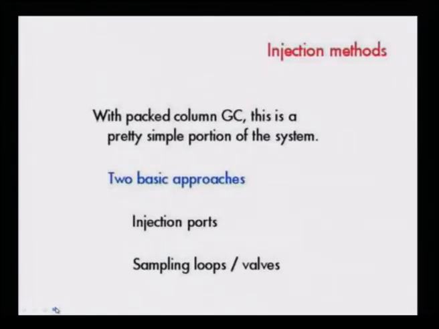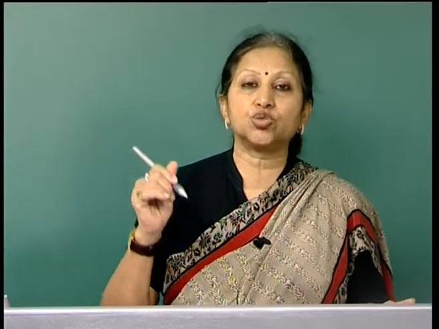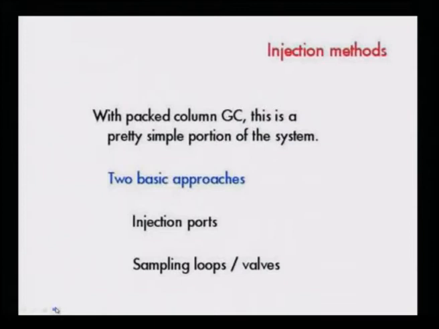Now, injection method. There are several modes by which the injection into the gas column can be done. With packed columns of GC, this is a pretty simple portion of the system. Two basic approaches are there. There is an injector port, and there is a sampling loop and there is a valve.